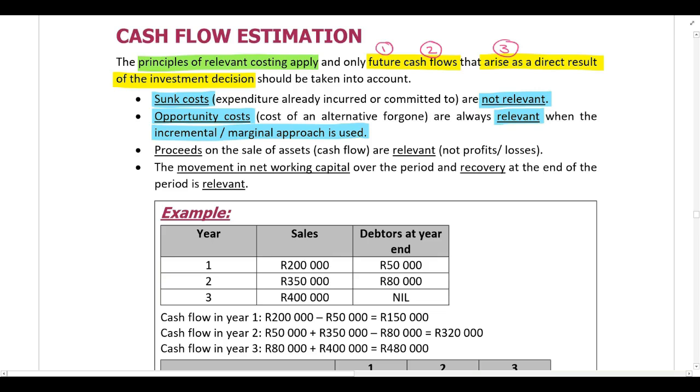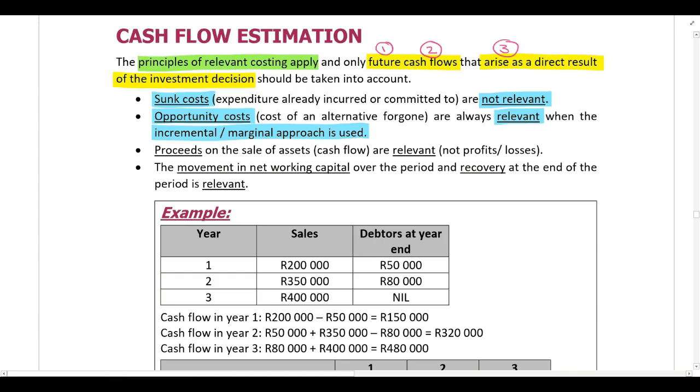If I put my money in a bank account, I'm going to earn interest on that money, which means if I decide to buy the machine, I have an opportunity cost. By buying the machine, I can't invest the money in a bank account, which means I'm going to forfeit, or lose out on, the interest that I could have earned. So by making the decision to buy a machine, my opportunity cost is the interest that I'm losing out on by not investing the money in a bank account.